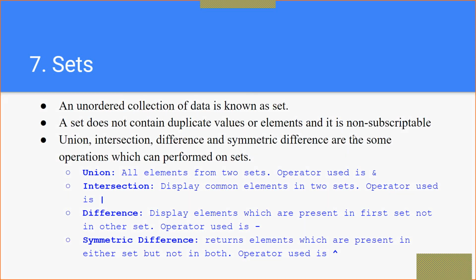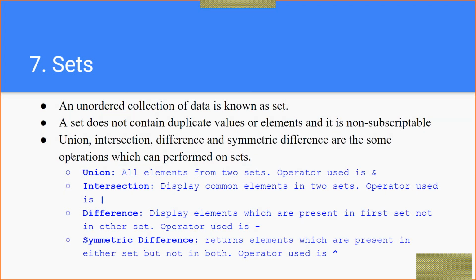Using these indices we can access or display any element in the list or the other data type. But here, as we are saying, it is non-subscriptable. It means we cannot display a particular element. There is no index, no subscript to display it. So just understand this; when we take the examples, you will understand it.